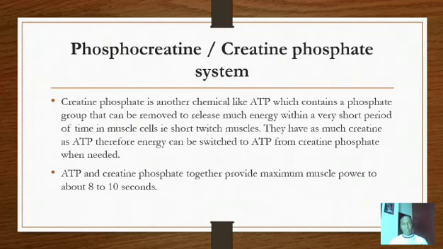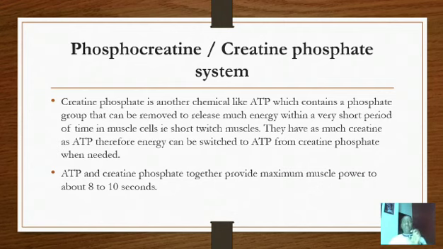In our bodies, just like we talked of ATP as a form of energy, energy can also be obtained in the body from another chemical known as creatine phosphate. Creatine phosphate, also called phosphocreatine, is another chemical which provides energy, just like ATP.